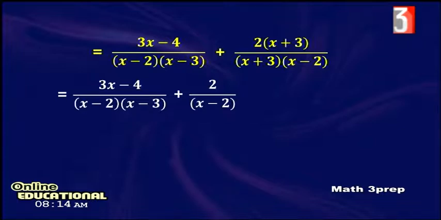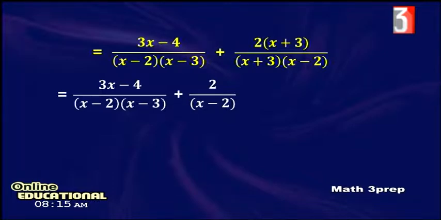What about the numerator? The first part is (x minus 2)(x minus 3), so it is multiplied by 1. So the numerator 3x minus 4 will be multiplied by 1 to give 3x minus 4. What about the other denominator? It's (x minus 2), so it is multiplied by (x minus 3).